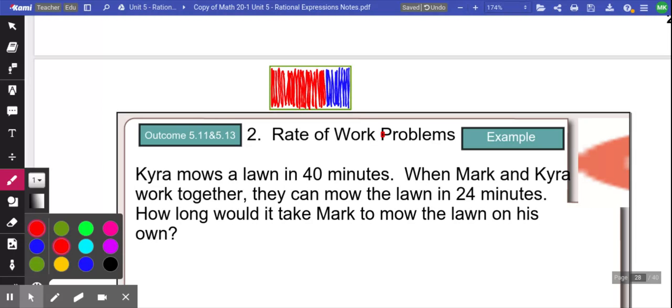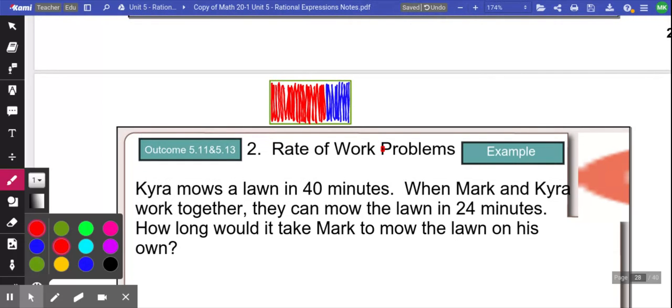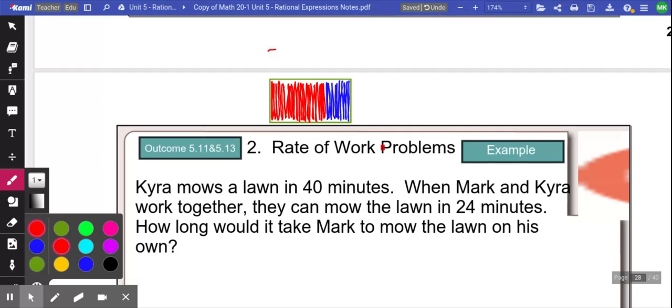And the reason I like to do a picture for this is because if we look at it, we will notice that Kyra has done a fraction of the job. She hasn't done the complete lawn, right? She did a fraction of it.